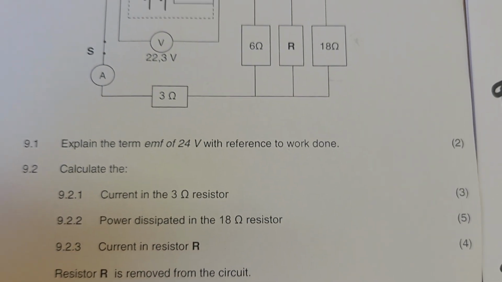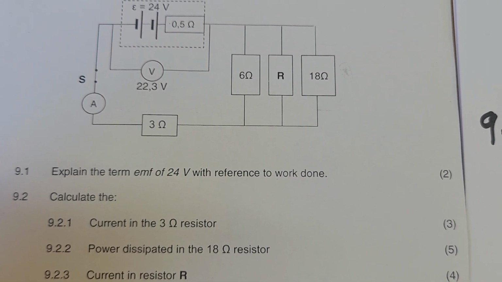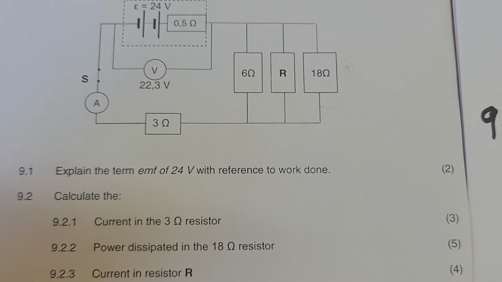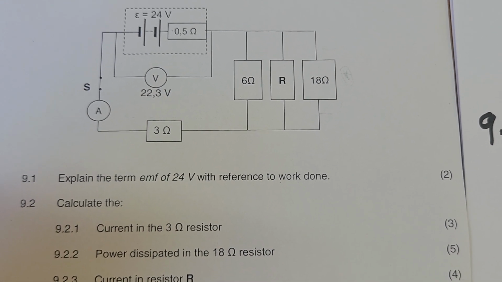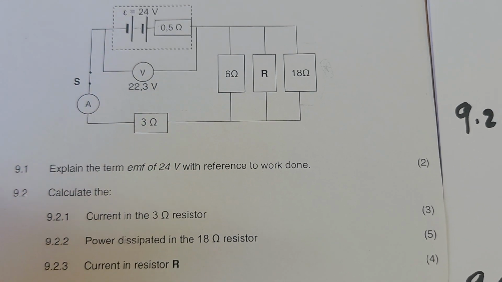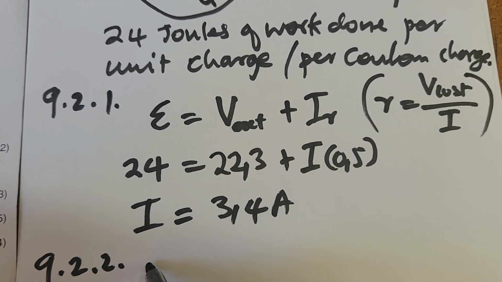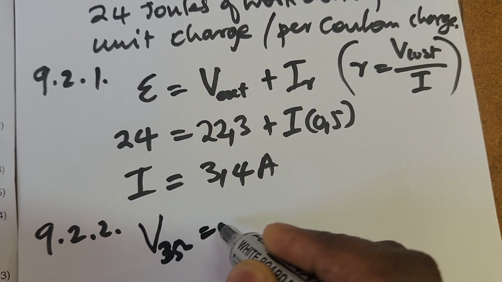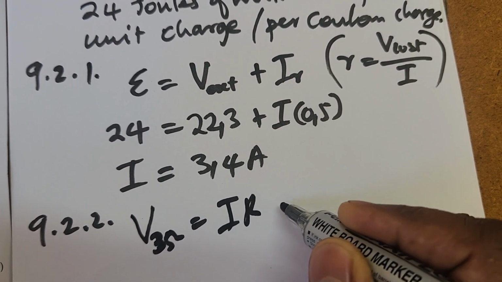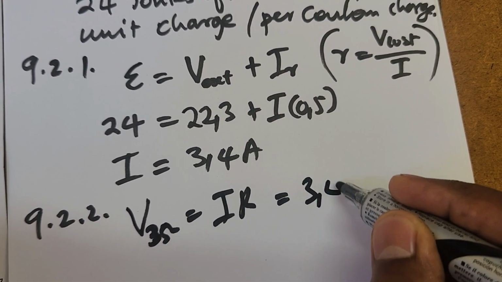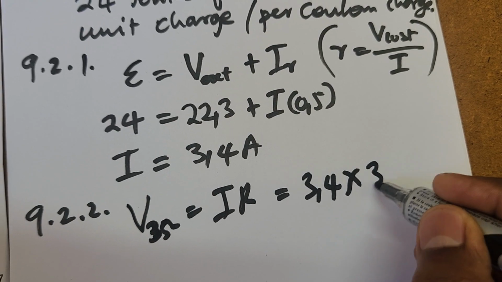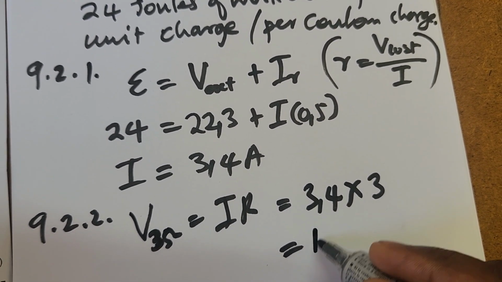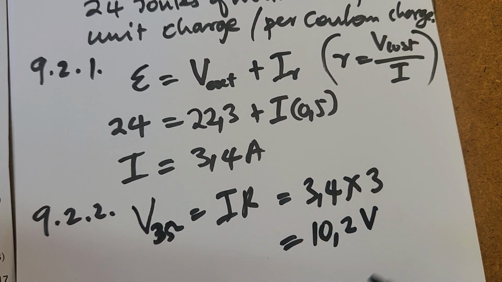Therefore, what do we do? We know the current, the total current in the circuit. We know that the voltage across the 3 ohm and the voltage of the parallel will give us 22.3. Can we find the voltage across the 3 ohm? Yes, we can do that. The voltage of the 3 ohm resistor will be IR, which will be the current 3.4 multiplied by 3, which gives us 10.2 volts.